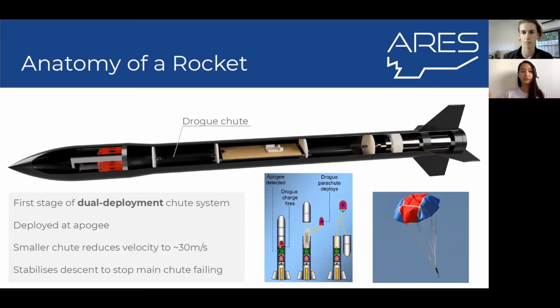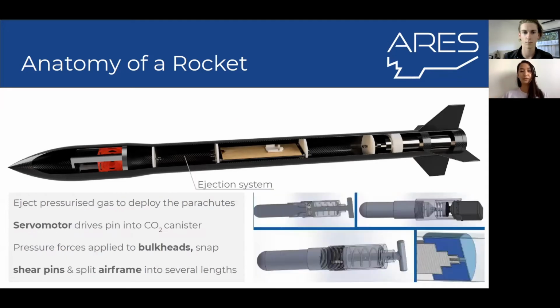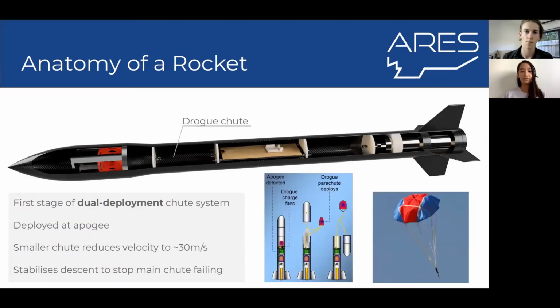It will successfully be able to slow down the rocket sufficiently. So in this case, we're aiming to have that drogue chute reduce the velocity to almost 30 meters per second.